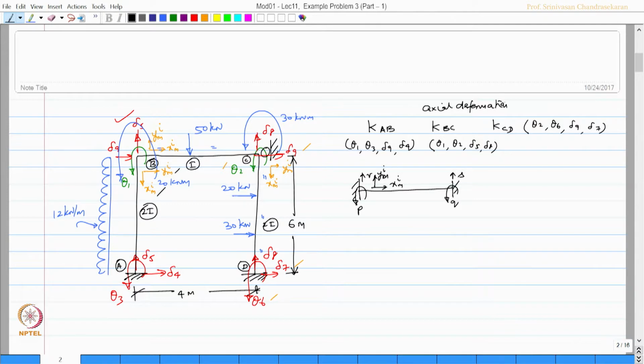Friends, it is because of this reason you will see delta 9 and delta 9 are same at the points B and C. Similarly, delta 5 is same at the nodes A and B. By the same reason, delta 8 is same at the nodes D and C. So, amongst these we very well know that theta 1 and theta 2 are unrestrained degrees, and the remaining theta 3 through delta 9 are restrained degrees.